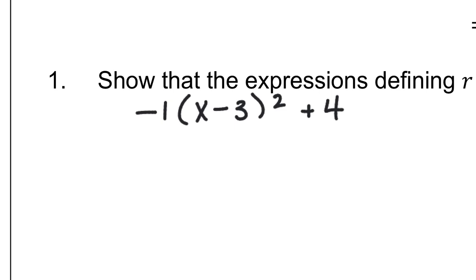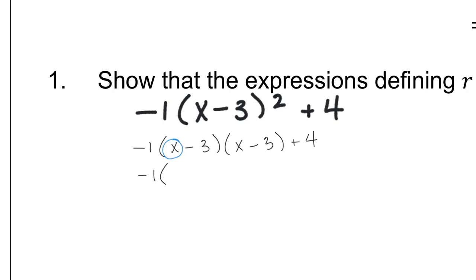The first thing we can do is take this (x minus 3) squared and rewrite that. Remember, squared means we have whatever's being squared times itself. So we have (x minus 3) times (x minus 3). Then we can distribute. If you want to use the box method for this, you can. Or we can say we still have this negative 1 out front. We'll have to deal with that later.